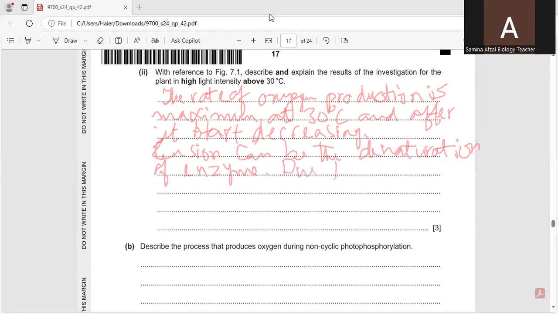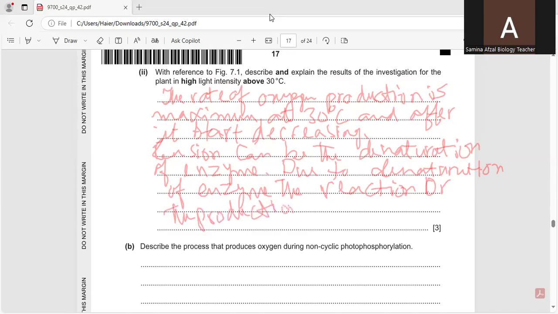Due to denaturation of enzyme, the reaction or the production of oxygen decreased or stopped.